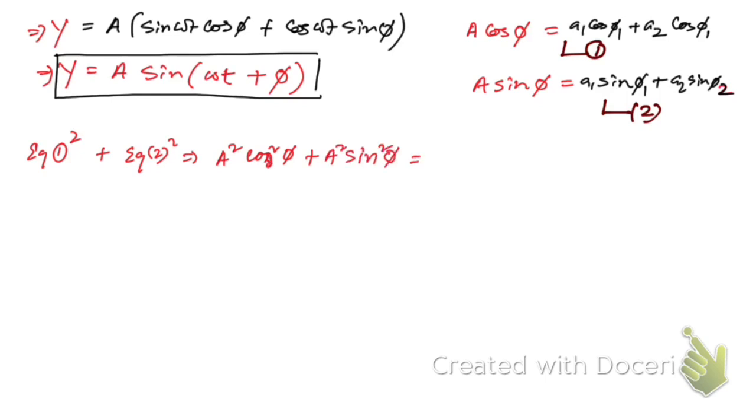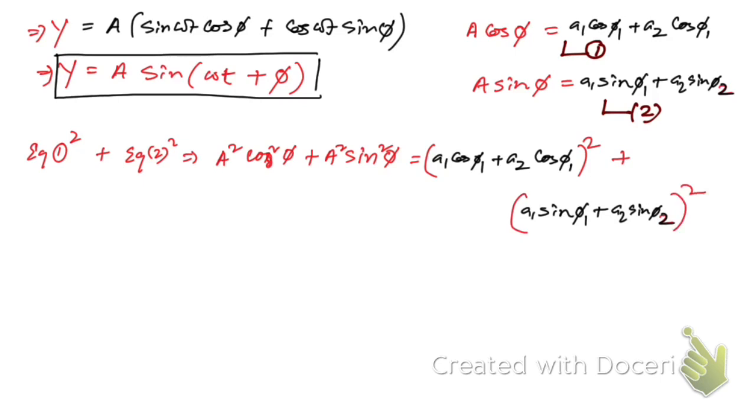On the right hand side, take the right hand side of equation number 1 and square it, then the square of the right hand side of equation number 2. So that's going to be this.